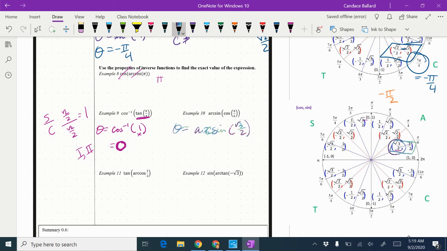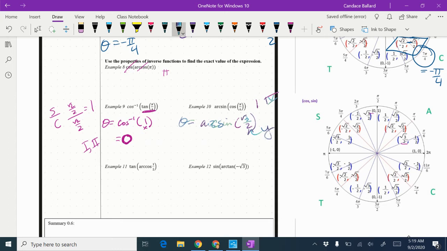And arc sine is only valid in quadrants 1 and 4. Sine is the y value, so I'm looking for a y value of square root of 3 over 2. There it is. So the radian measure I'm looking for here is pi over 3.